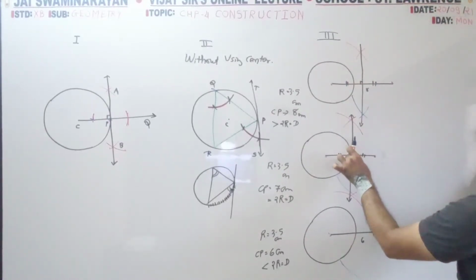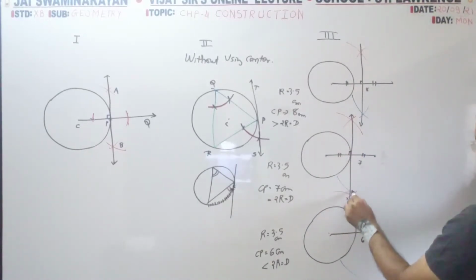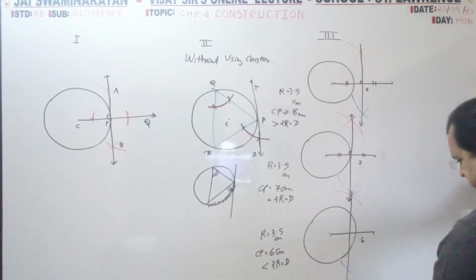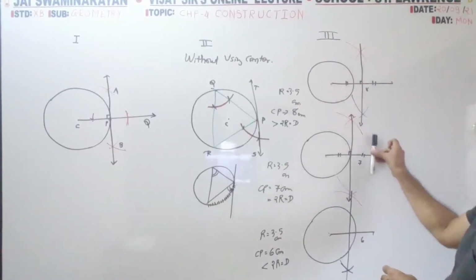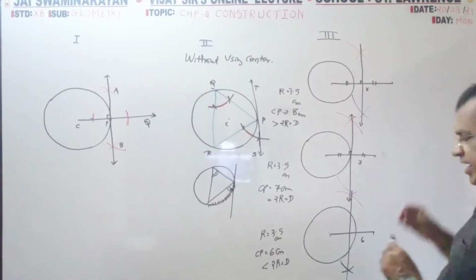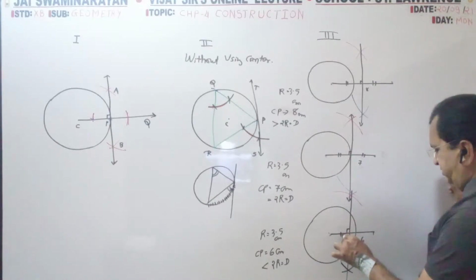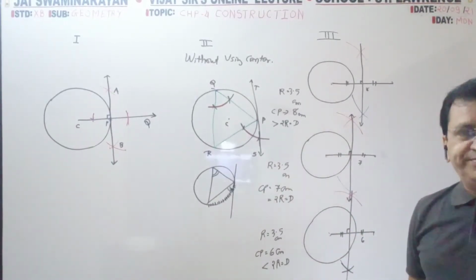The perpendicular bisector is on. Outside the circle, on the circle, inside the circle. See, out, on, in. That is the three difference, a big difference. Follow?